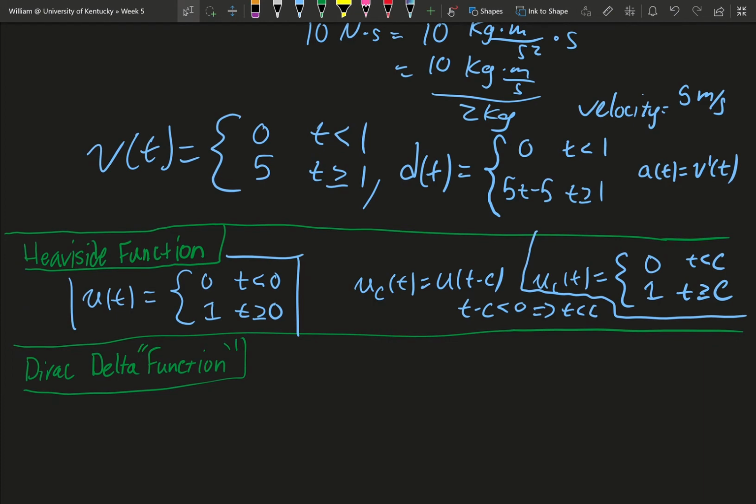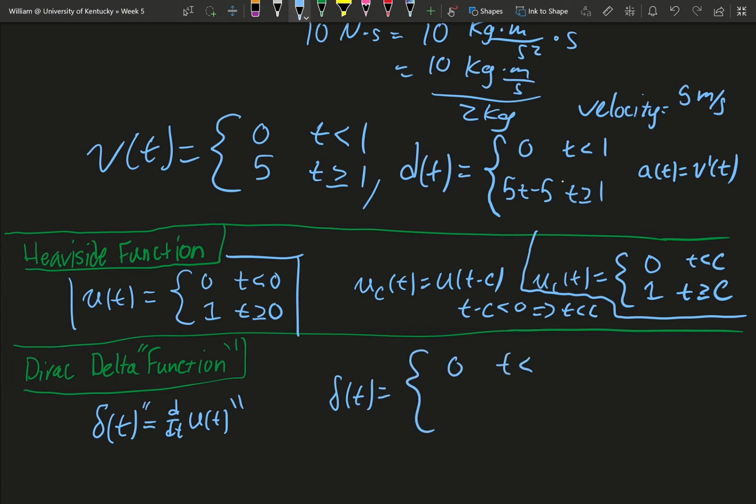So keep these definitions in mind. The Dirac delta function, again, it's not really a function, but it's the best answer for our acceleration. We denote this with a delta, and we say that this is, in a loose sense, the derivative of the Heaviside function. Sometimes it's defined in the following sense: delta of t equals 0 for t less than 0.